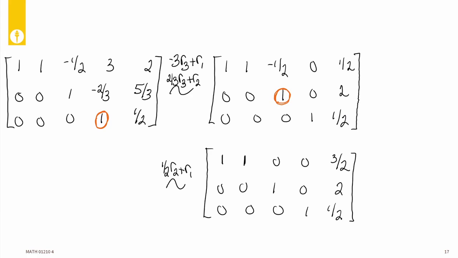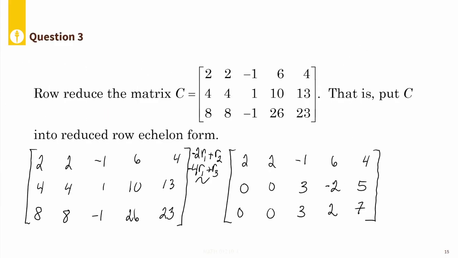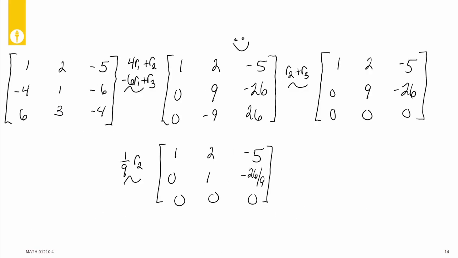Would this make a square matrix diagonal? Hmm? Would this make a square matrix diagonal? No. Wait, maybe. Where's my square matrix? No. Remember, diagonal's going to have to be both upper and lower.